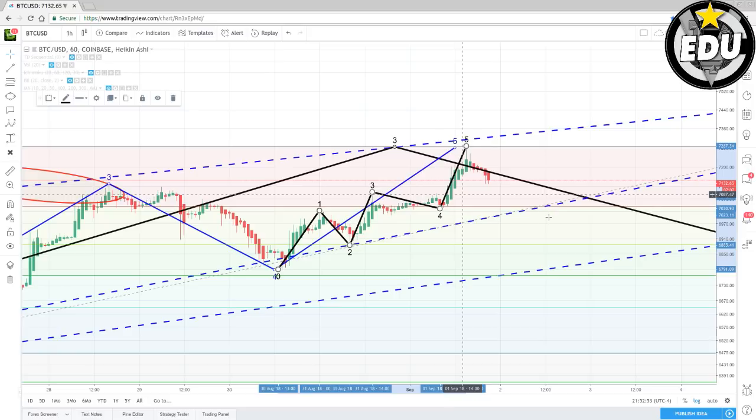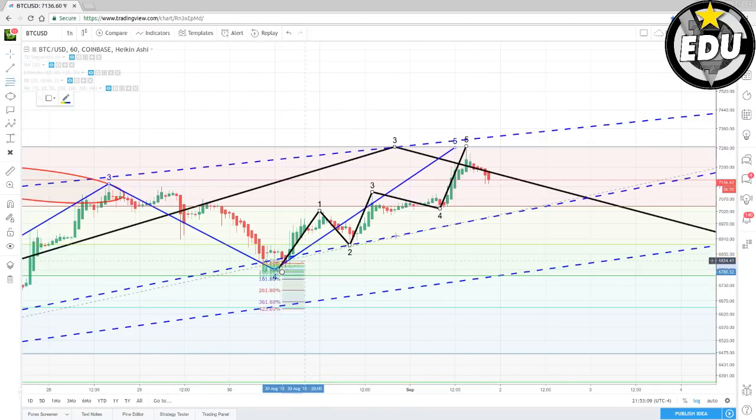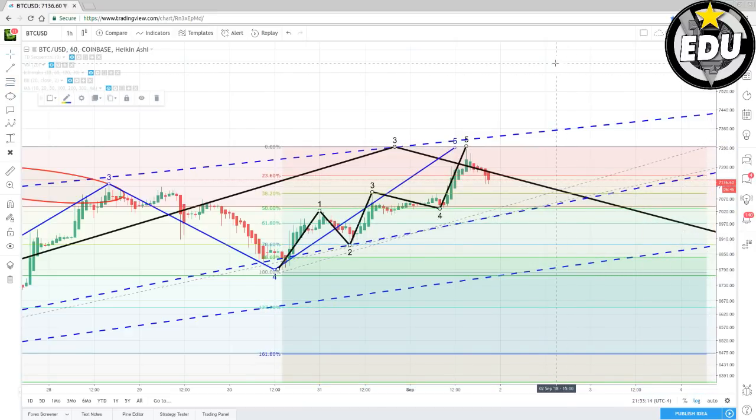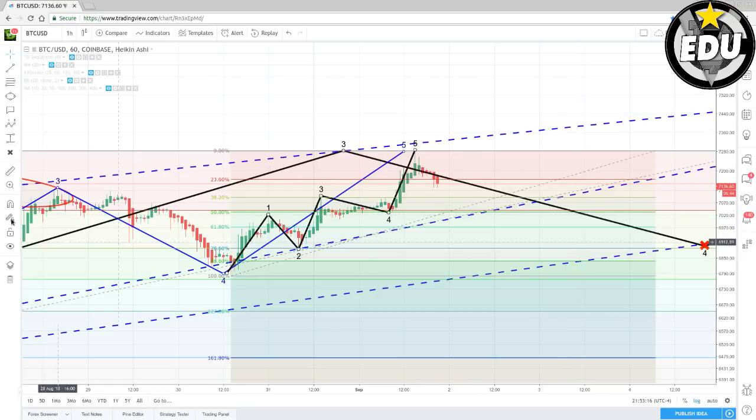So by looking at this wave, being the third wave or the blue one, we might see an A, B, C, D, E, actually, and 1, 2, 3, 4, 5 down. And if I trace a Fibonacci retracement of this one, I'm not sure how the waves will go, but I will be expecting something like 38.